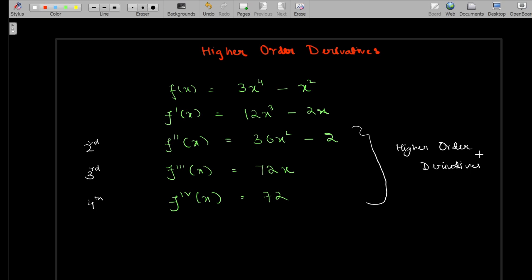Now, why do we even find out the higher order derivatives? That will come under application of higher order derivatives. First, Anika, let's you try out this problem.